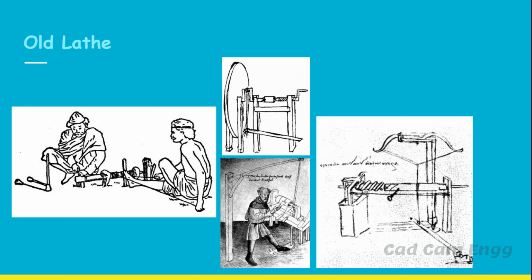Because two persons are needed to operate it. See the left side picture: the two persons are sitting on opposite sides, and in between them they have the wood. One person has a rope and uses it to rotate the workpiece. At the same time, the other person has a tool to remove the unwanted wood.